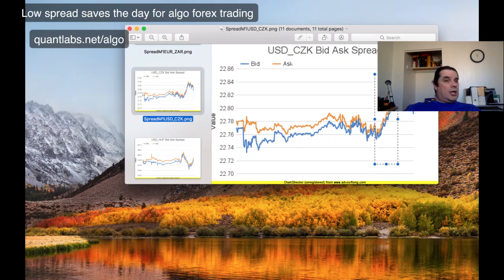In there, the spread was low enough and tight enough to make those changes happen.